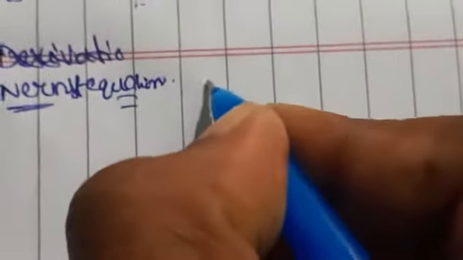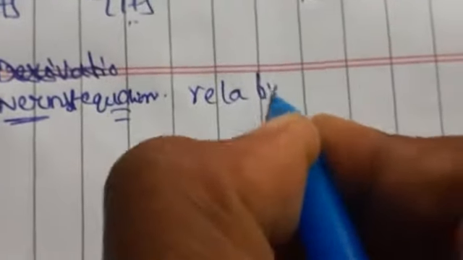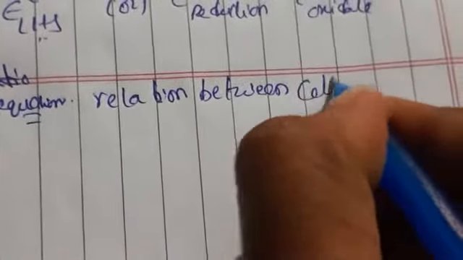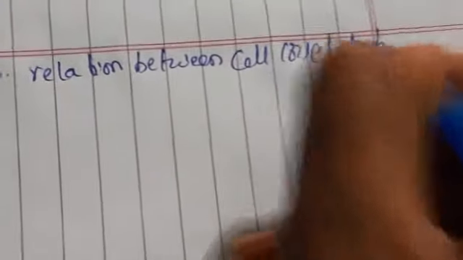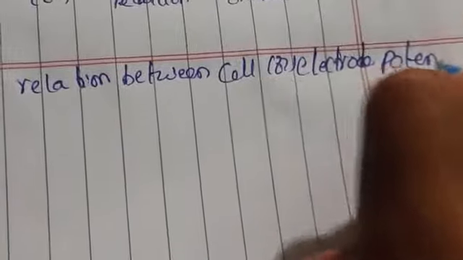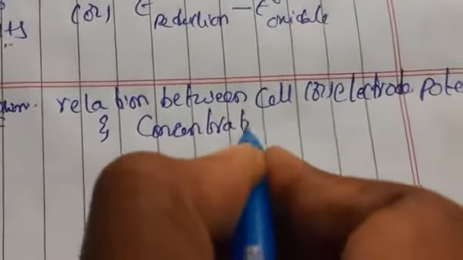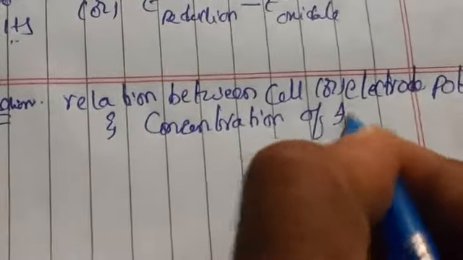Now let us enter into the Nernst equation. The Nernst equation is the relation between cell or electrode potential and concentration of ions.